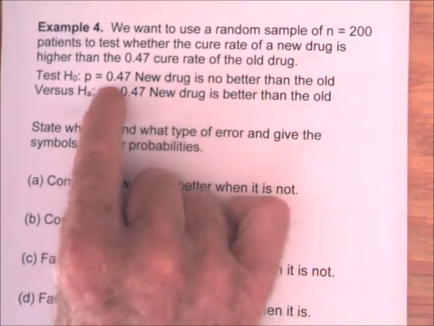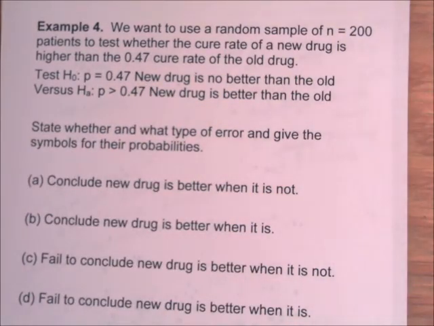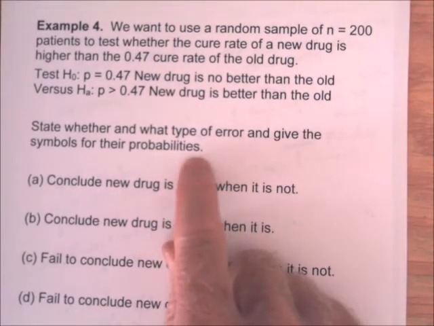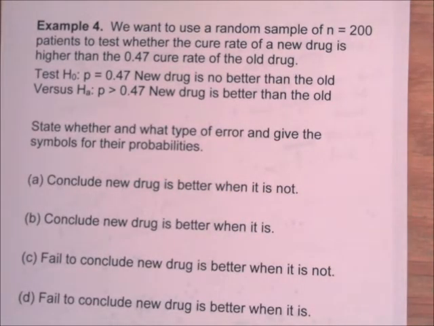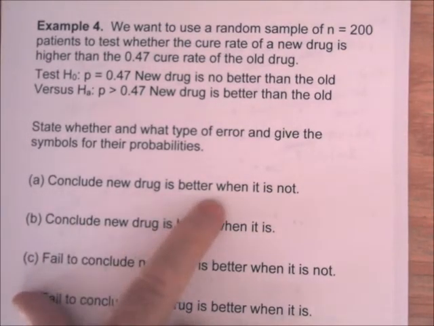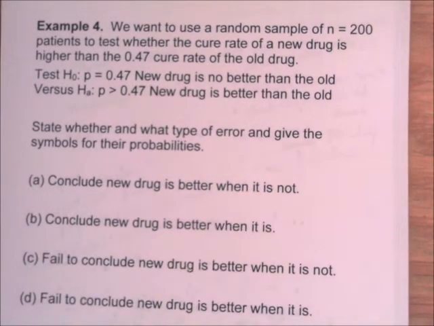So we're testing H naught, p equal 0.47, new drug is no better than the old, versus HA, p is greater than 0.47, new drug is better than the old. And we want to state whether and what type of error, and give symbols for the probabilities. So if we conclude that the new drug is better when it is not, that would be an error.